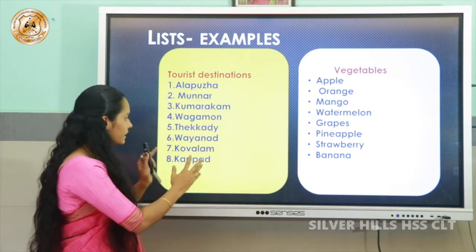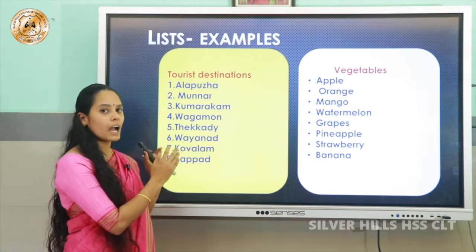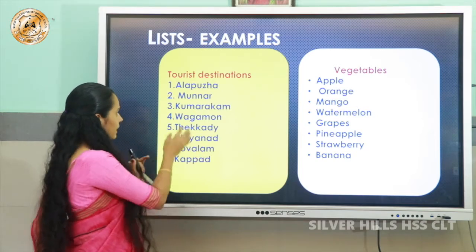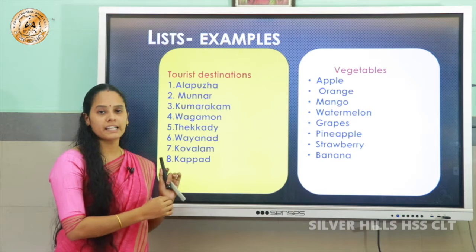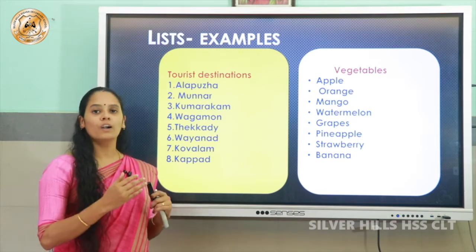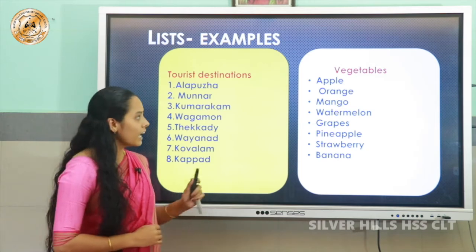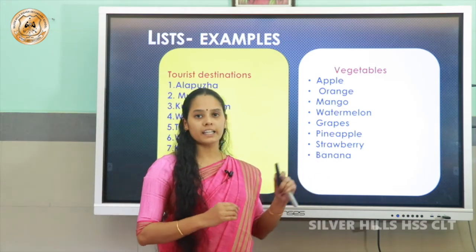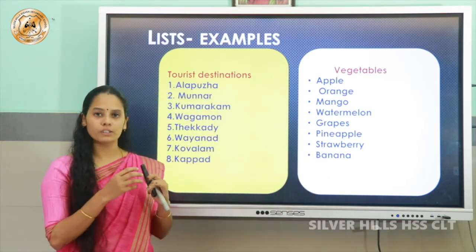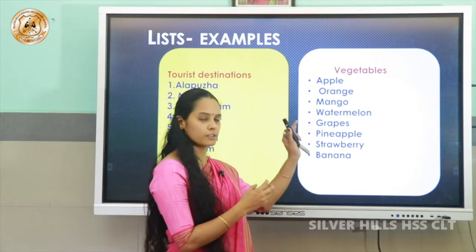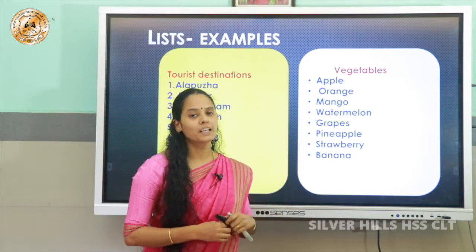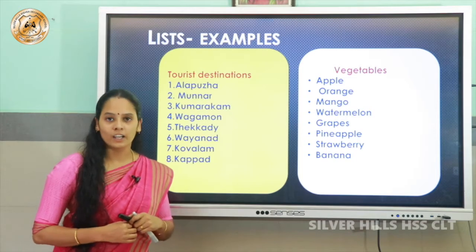If you are writing your items as 1, 2, 3 or A, B, C, that is called an ordered list. One numbering is there in front of each item. And if you are writing your contents in the form of bullet points or some other symbols in front of the list item, then we call it an unordered list.